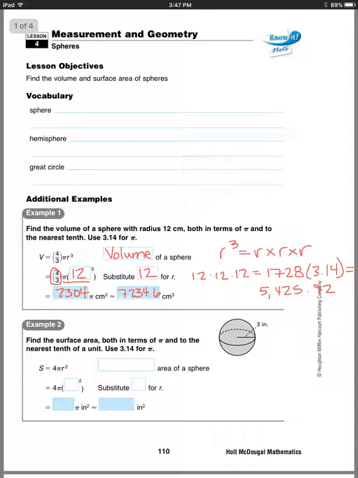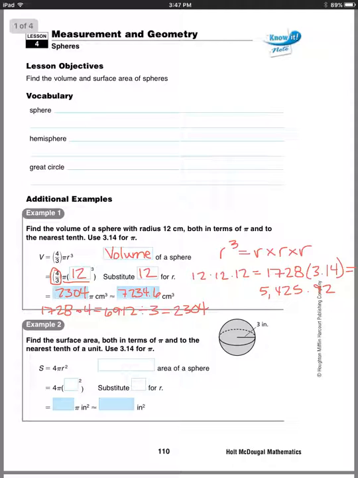Oh, okay. So, or you can do the following. 12 times 12 times 12 and get 1,728 times 4 and get 6,912, and then divide that by 3 and get 2,304.